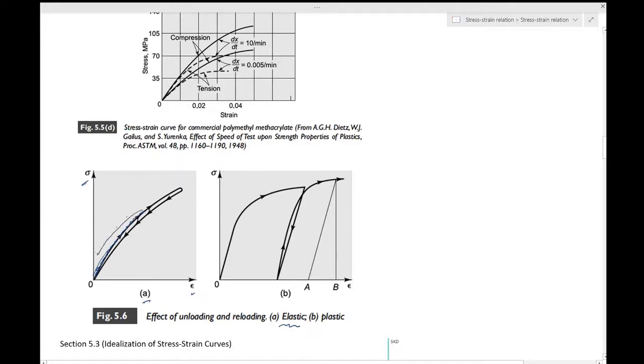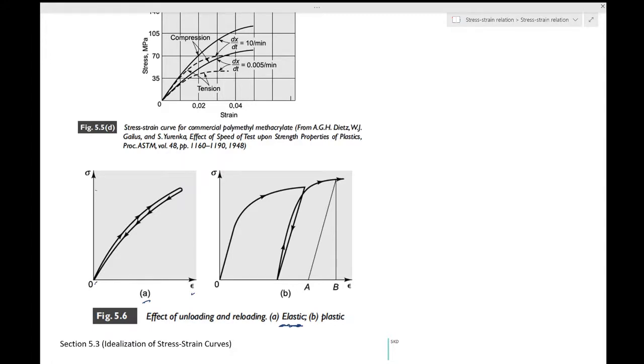This is what is shown in this diagram: you are applying stress within the elastic limit. The maximum stress you have reached is lower than your elastic limit, and when you release the load, it will come back without a permanent strain. It will get to zero on unloading. But that is not always the case.